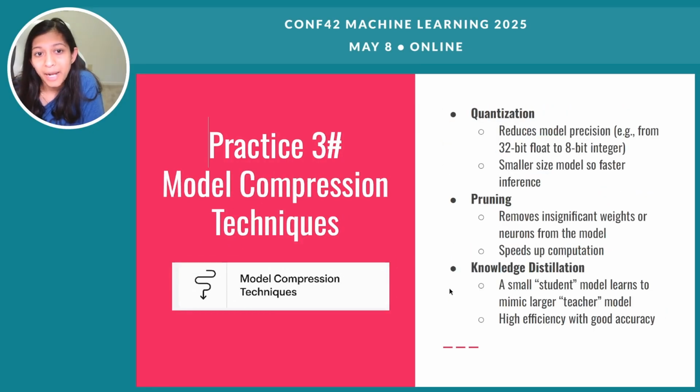So the third practice is how to use models that use compression techniques. Since edge AI is going to use a different model than the usual model that we use, we need to understand what kind of compression techniques go into the model. So the first one is quantization. If you have a cloud, a beefy system, you would use a 32-bit machine or a 64-bit machine, right?